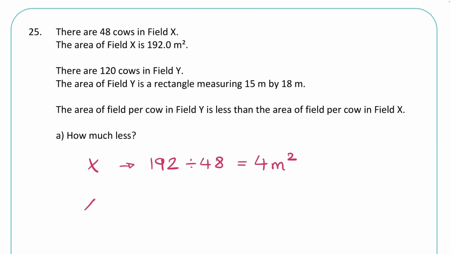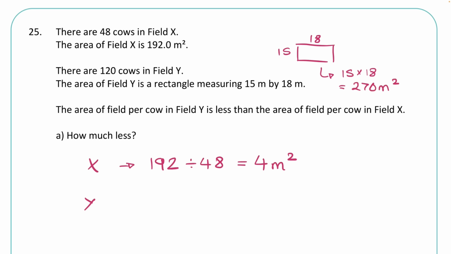In field Y, we actually have to work out the area of that field. Now the field is in the shape of a rectangle, so it's 15 by 18. So we can work out the area, 15 times 18, which gives us 270, and again that's in metres squared.